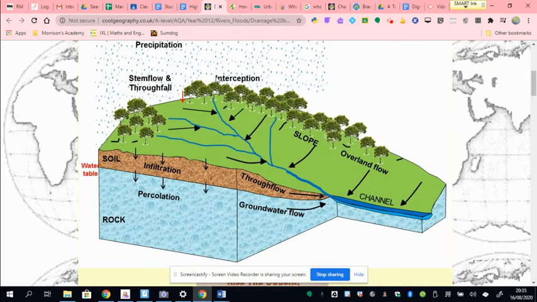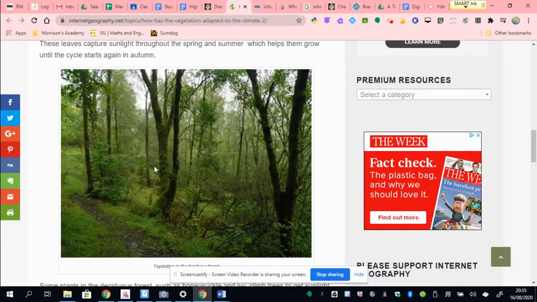Interception is where the tree leaves capture the water on its way to earth. They then funnel that water onto the base of the tree, and the tree absorbs the water through its root system. What that means is that quite a lot of the water that comes out of the sky never actually gets to the river. So if you have a heavily vegetated landscape, you are not going to expect the discharge of your river to increase too much.